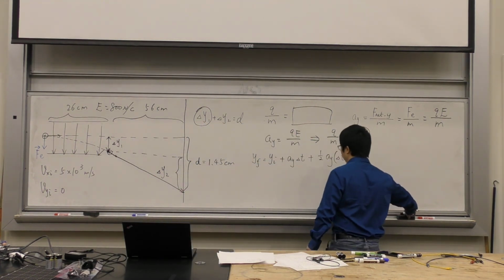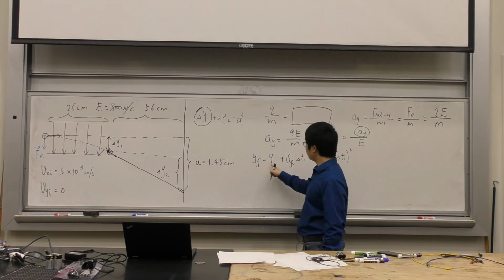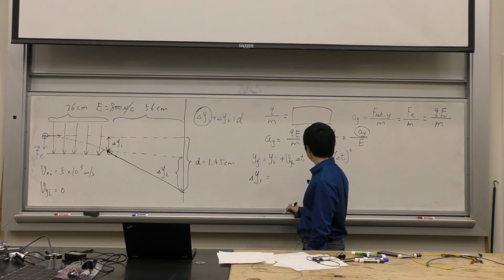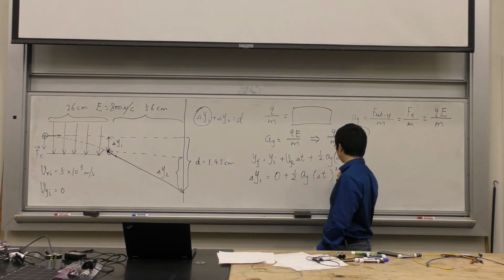So, oh, not a_y, this is v_y, right? So this is 0, and then the difference between them is just delta y1, right? So delta y1 is just going to be 0 plus 1/2 a_y delta t squared.